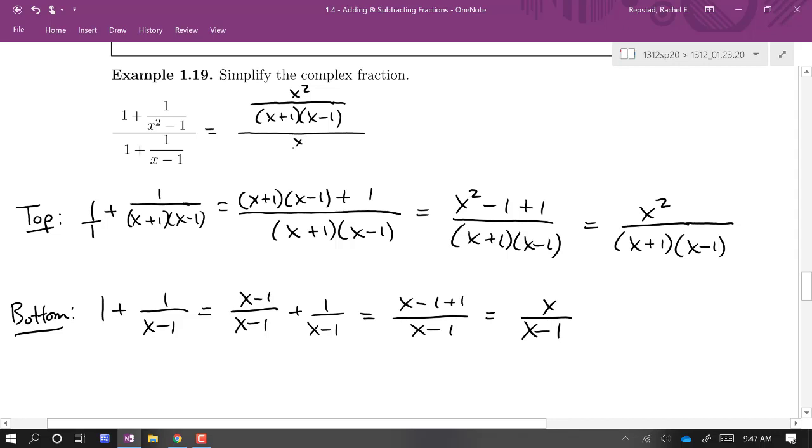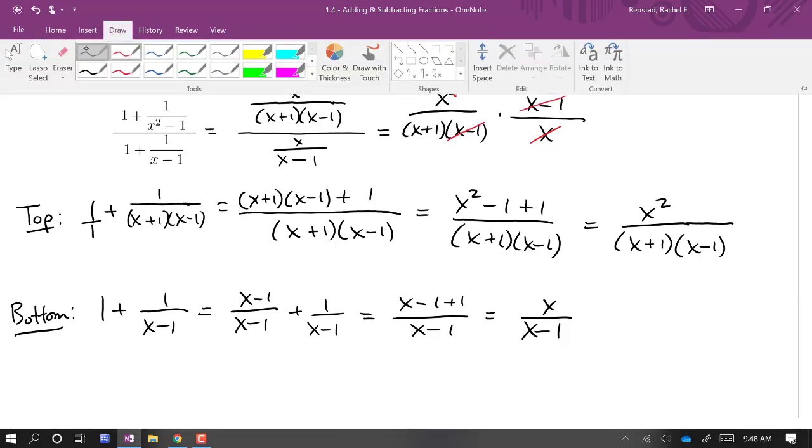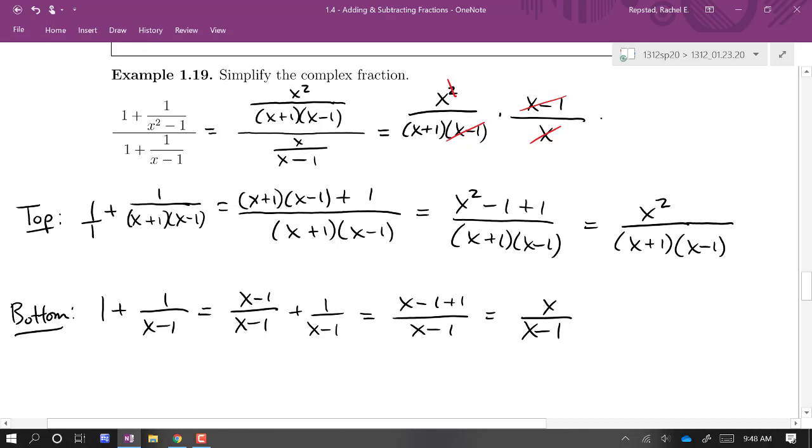So that's the bottom. We're dividing two fractions. What do we do? Multiply by the reciprocal. And now everything is already factored, so we'll just reduce, so we cancel out one factor of x, cancel out the x minus 1, and we get x over x plus 1.